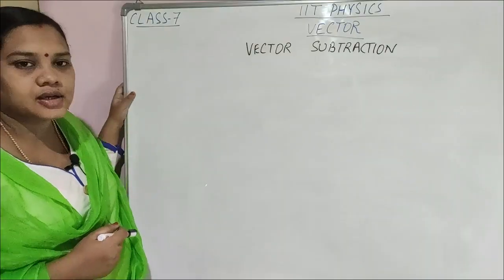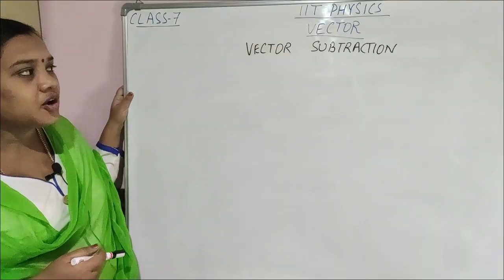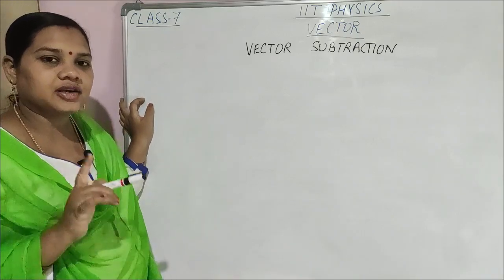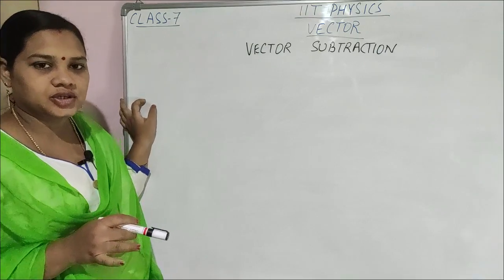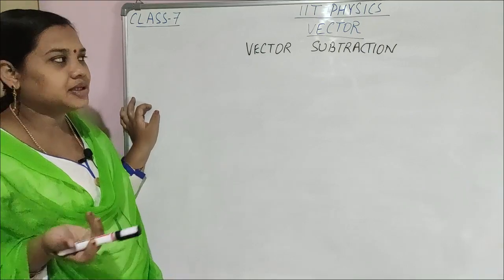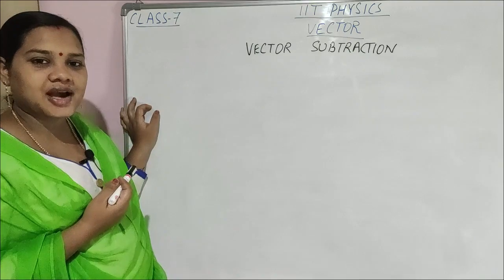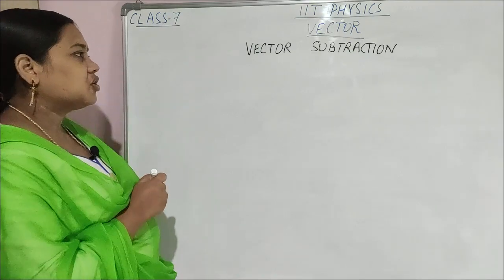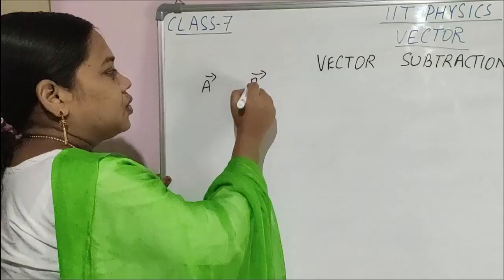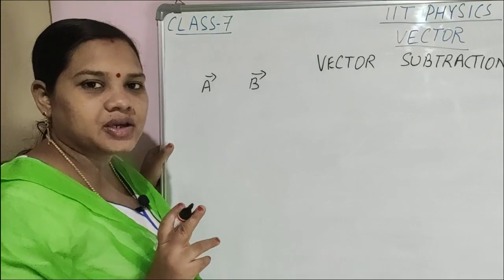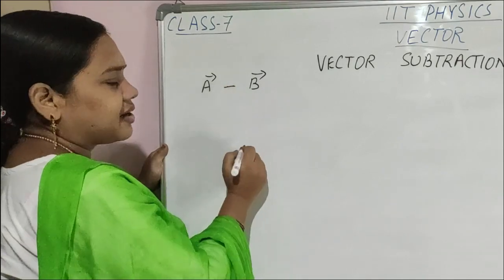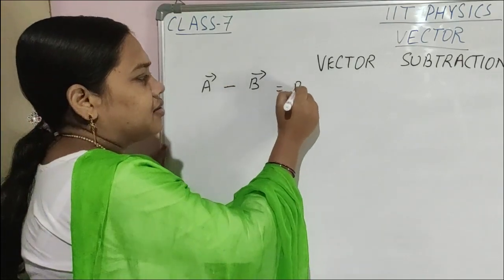So next children, let's start today's topic: vector subtraction. Before starting, I will say we are only adding vectors. We can add vectors, not subtract them. So if subtraction is not possible, how can we subtract? This is what we have to understand here. Suppose there are two vectors given, vector A and vector B, and you have to find A vector minus B vector, that is the resultant vector.